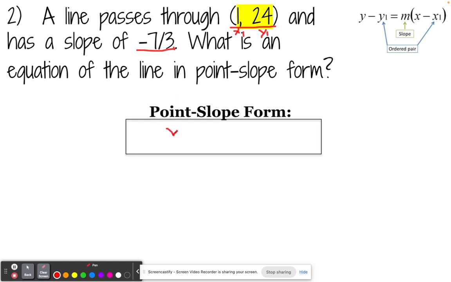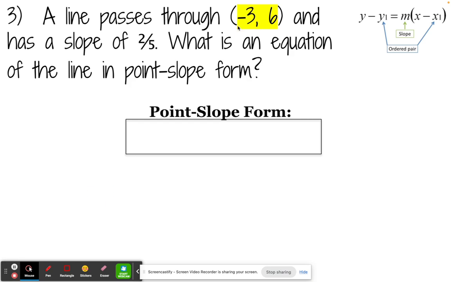So y minus y1, which is 24, equals, my m is -7/3, times the quantity x minus, and my x1 is 1. That's all there's to it. I only have 1 point, so I can only do 1 here.